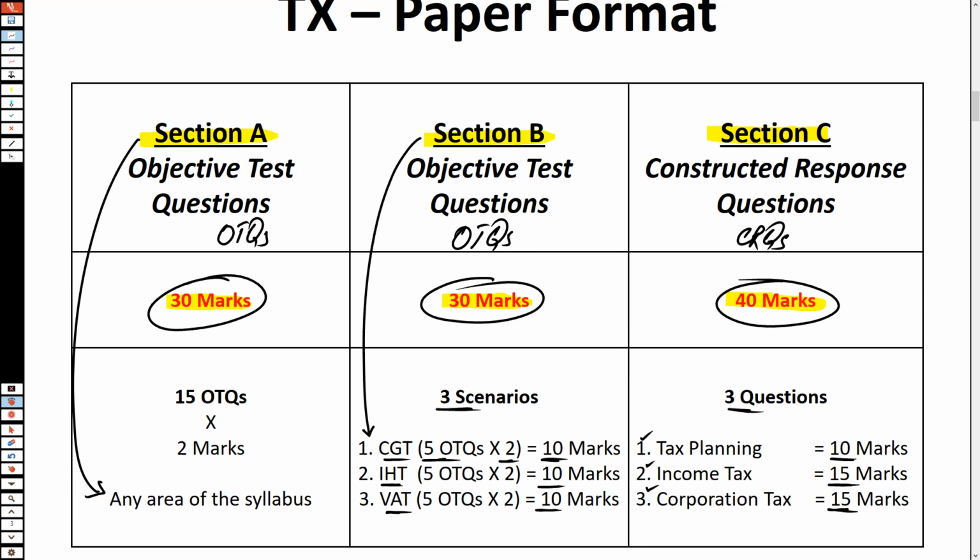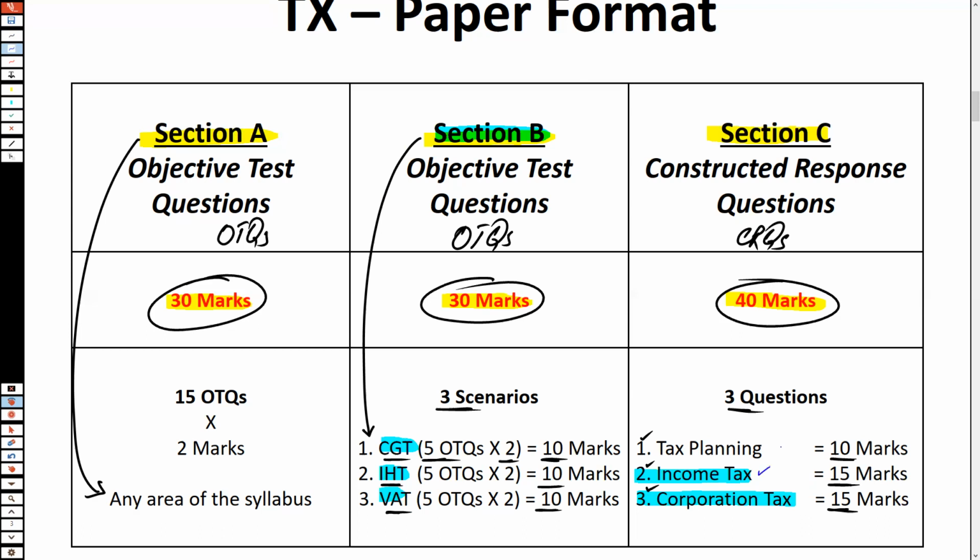Let me guide you on another thing. As I have marked, Section B areas are defined. In Section C, there would be 3 questions and 2 areas are specified. Basically, in Section C, 1 question is asked on taxation of an individual person, meaning income taxes. I repeat.